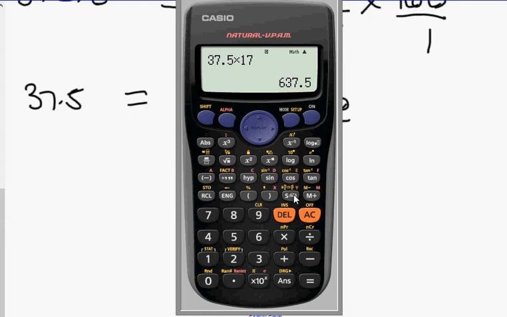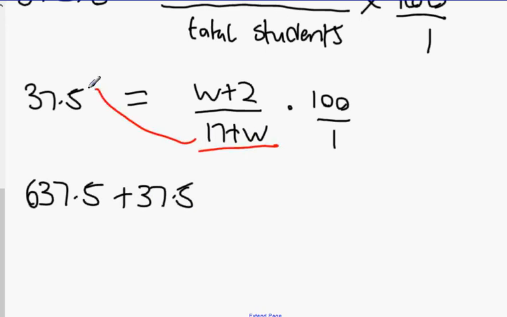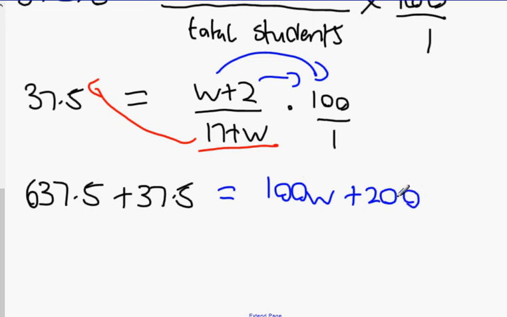It's a pretty hard one to do. I wouldn't be doing that in my head. 637.5. So I multiplied this part up here by the 37.5. What I'm next going to do is multiply W plus 2 by 100. I'm going to get 100W plus 200. Okay?